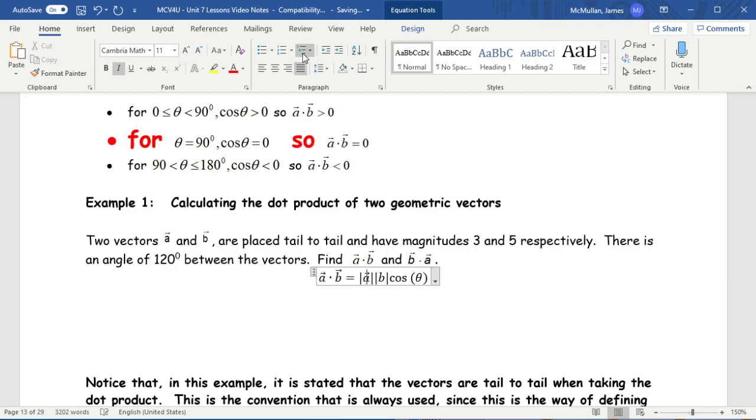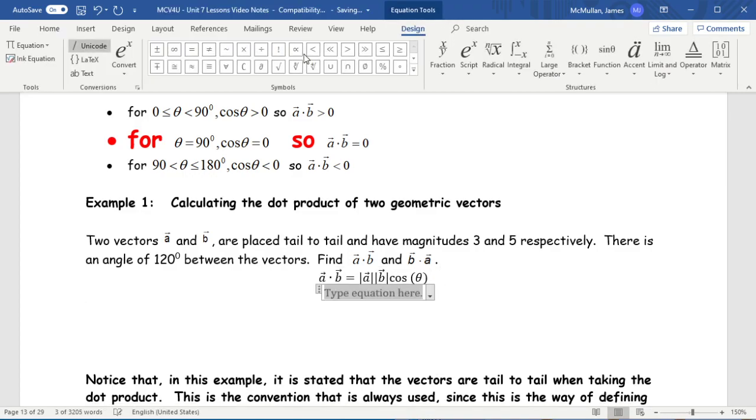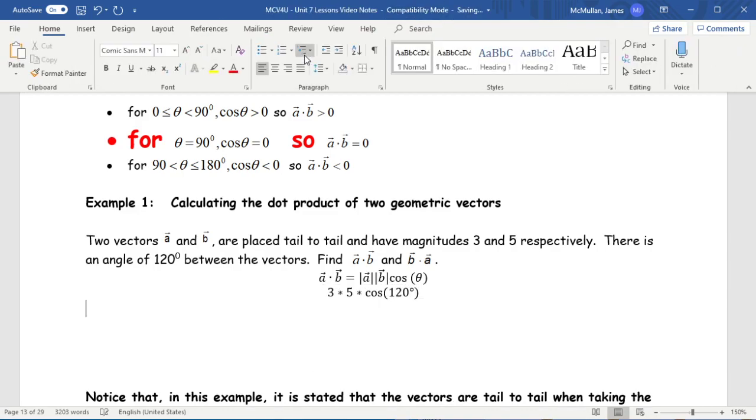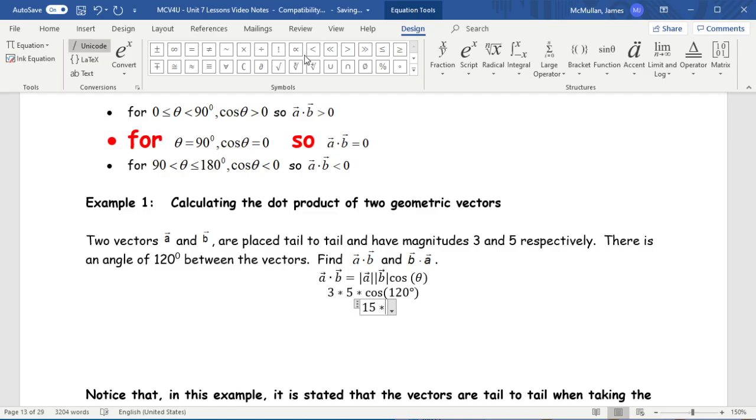So AB cos theta. The other one would be the same thing. So it's just 3 times 5 times cos of 120 degrees. Cos of 120, the reference angle is 60, and the cos of 60 is 1/2.